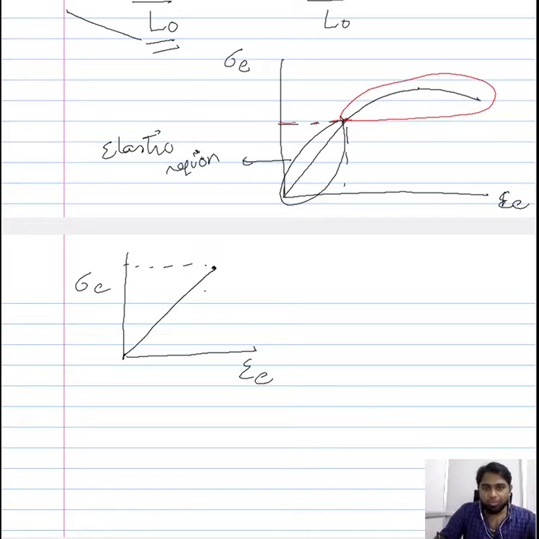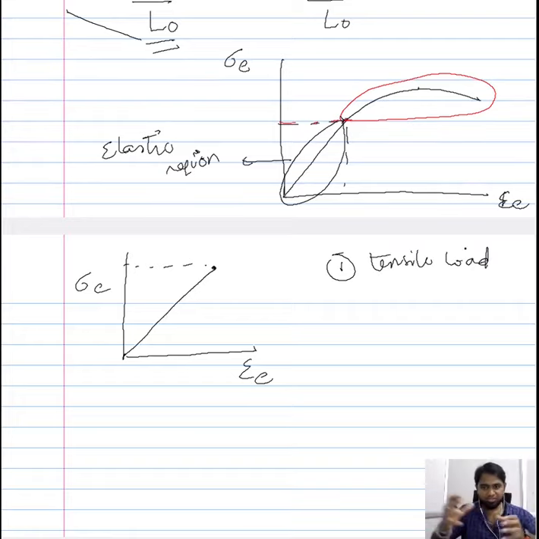After a certain point, I'm unloading my material. So in case 1, I'm imposing a tensile load within the elastic stress, and I'm observing some response of the material in terms of the change in the longitudinal dimension.